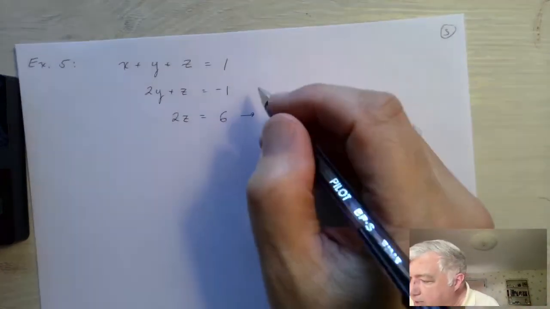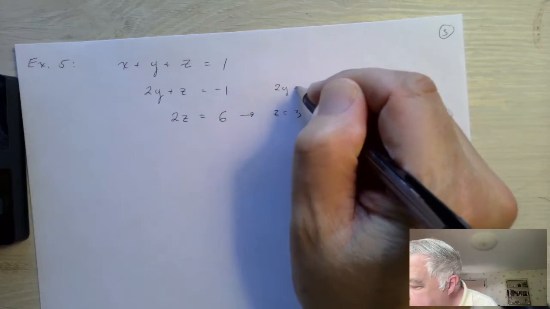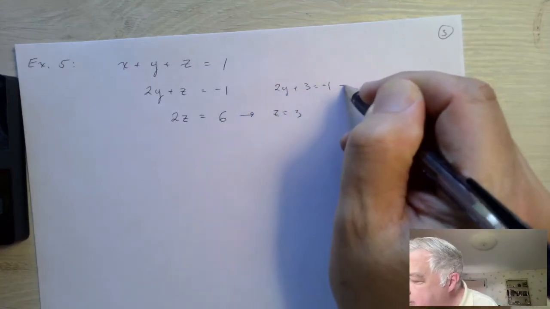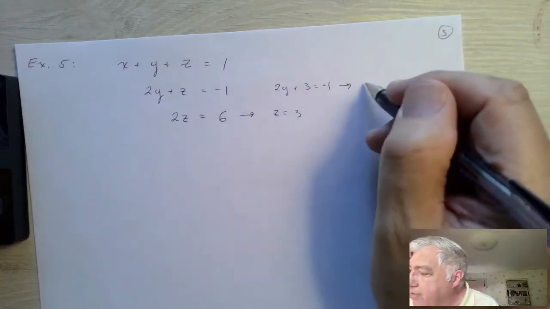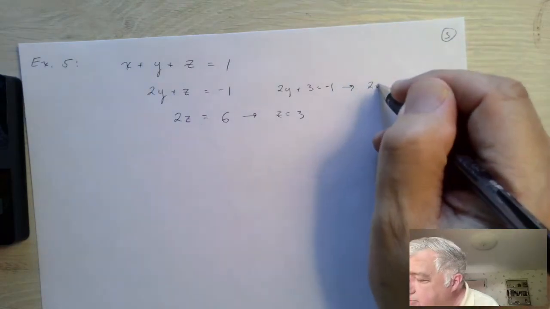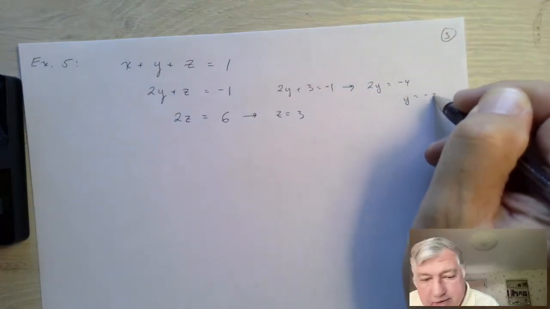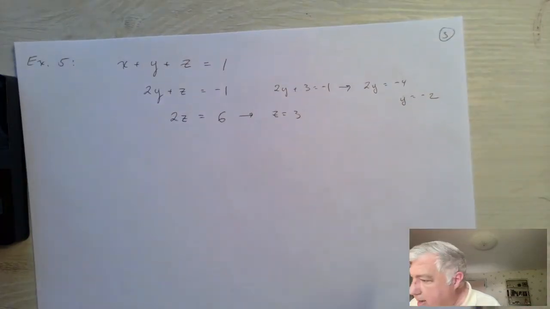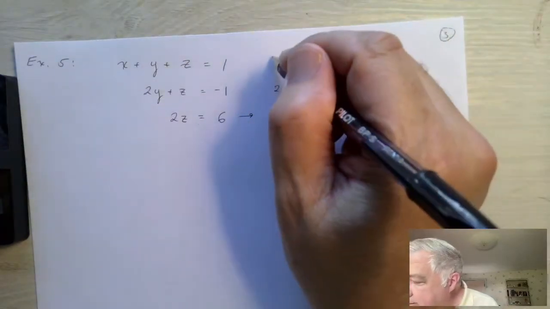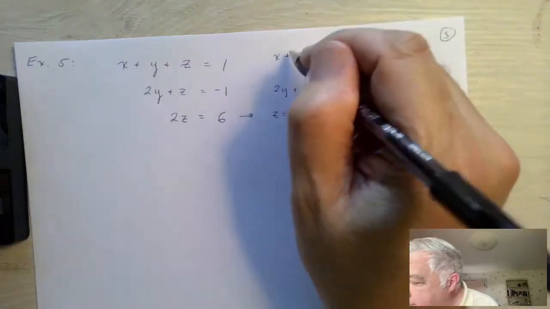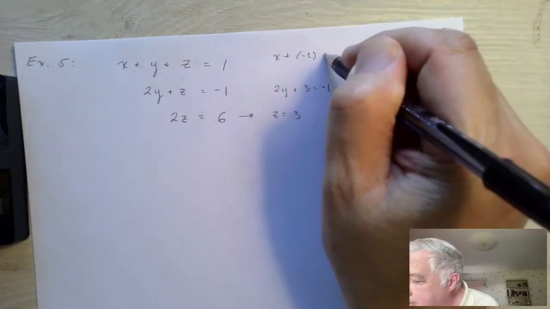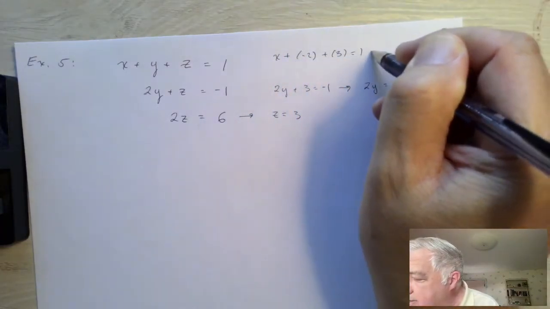Then plug that back in here, and we get 2y plus 3 equals negative 1. Subtract 3 from both sides, and we get 2y equals negative 4, so y has to be negative 2. Then plug those two values back in, and we get x plus negative 2 plus 3 equals 1.